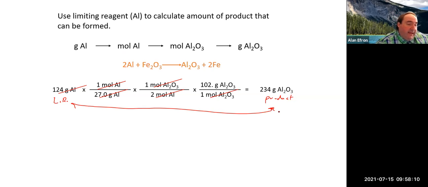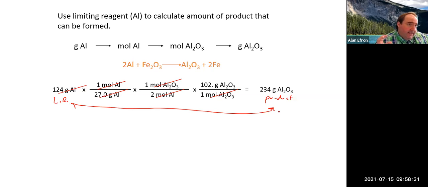So that is a very common method: you first do the calculation between reactants to figure out which one's the limiting reagent. Then you go back to the starting amount of the limiting reagent and do a stoichiometry problem to figure out how much product you would produce.